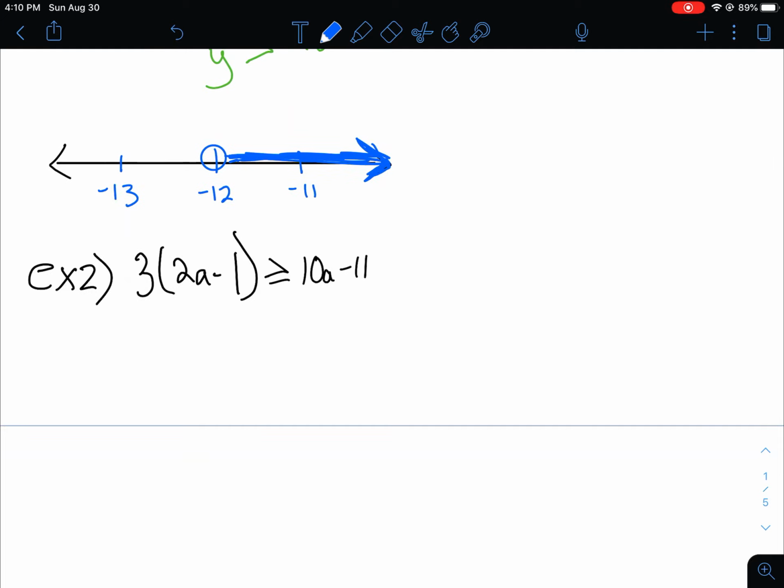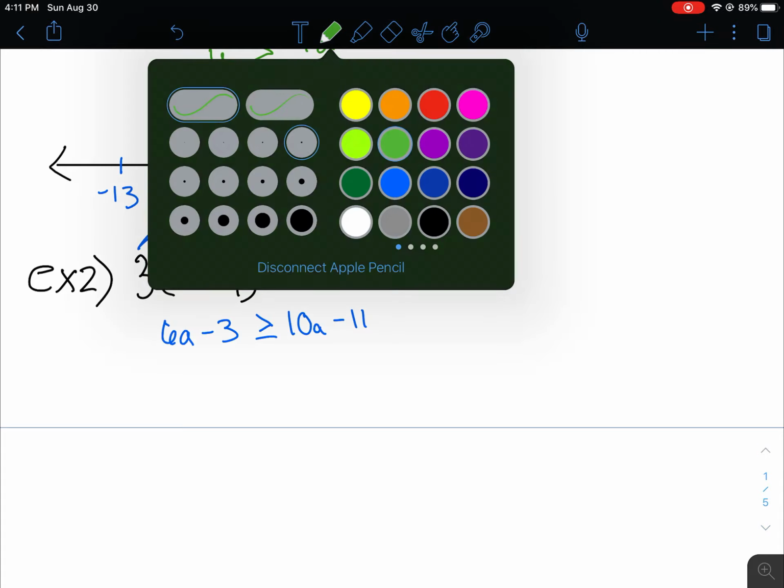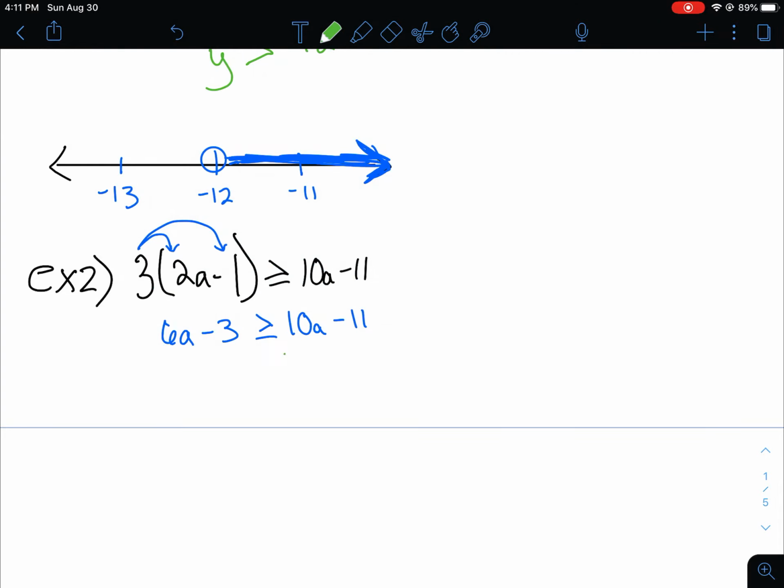So for example number 2 here, we have to distribute first. And we have a variable on both sides. And like I said earlier, you always want to have your variable coming to the left-hand side. So even though it's going to create a negative number, it does make it easier in the end. So what I'm going to do first is subtract my 10a.